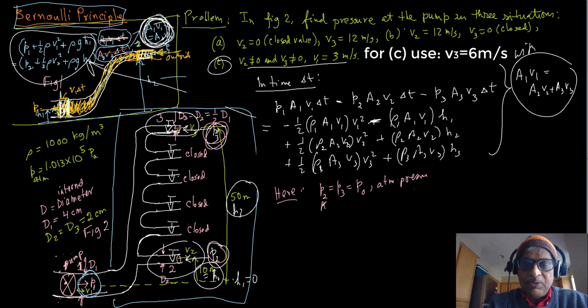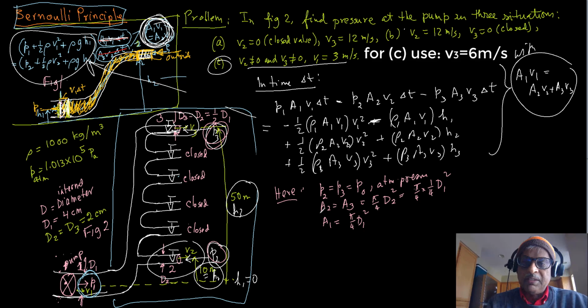We have A2 equals A3, and D2 is pi over 4 D2 square, and A1 is pi over 4 D1 square, but D2 is half D1, so pi over 4 times 1 over 4 D1 square. So A2 is 1/4 of A1. So A2 is A3 is 1/4 A1. See, there will be simplifications here.